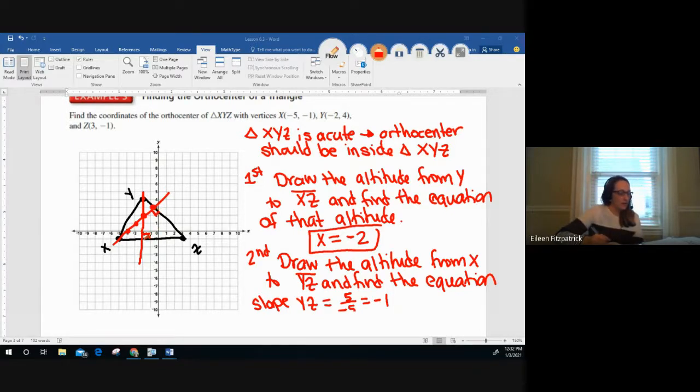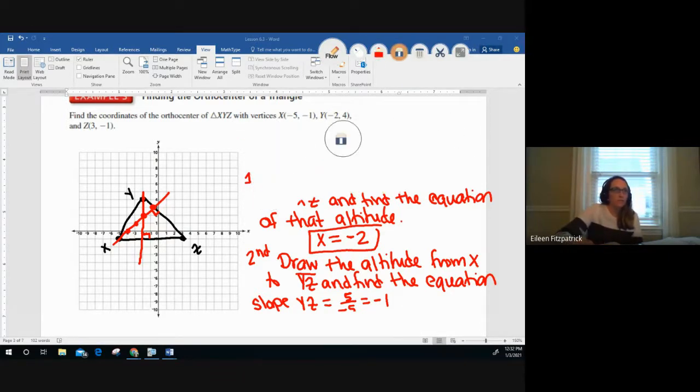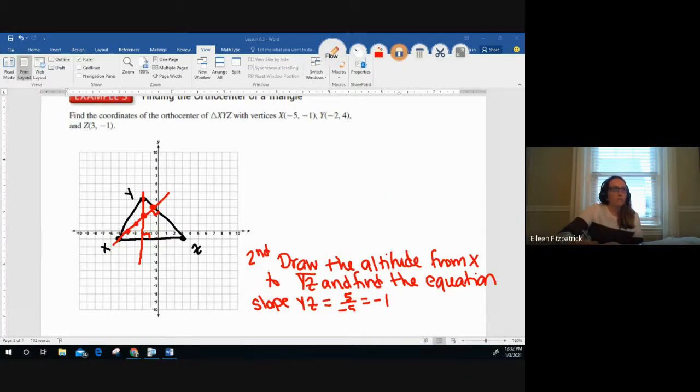All right, now the equation of that line, we know that the slope is +1. Let me erase a little bit. I need to give myself more room. So the slope is equal to +1, and it started at point X, which has a coordinate of -5, -1.